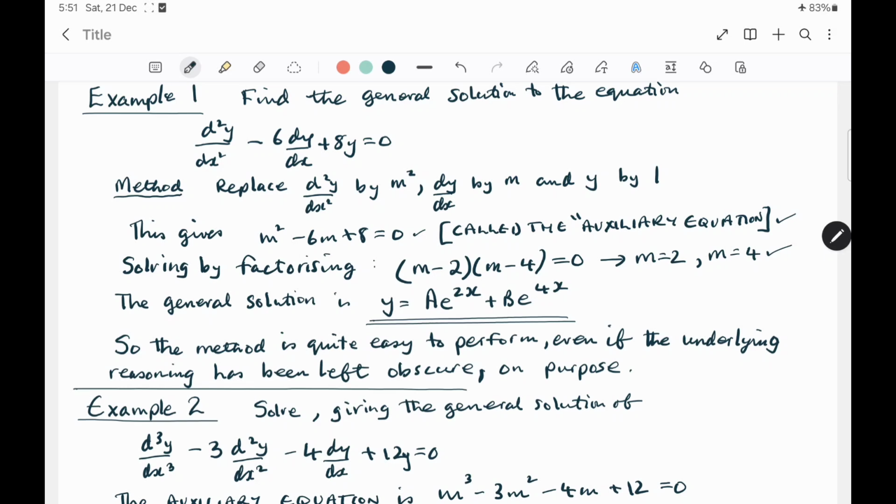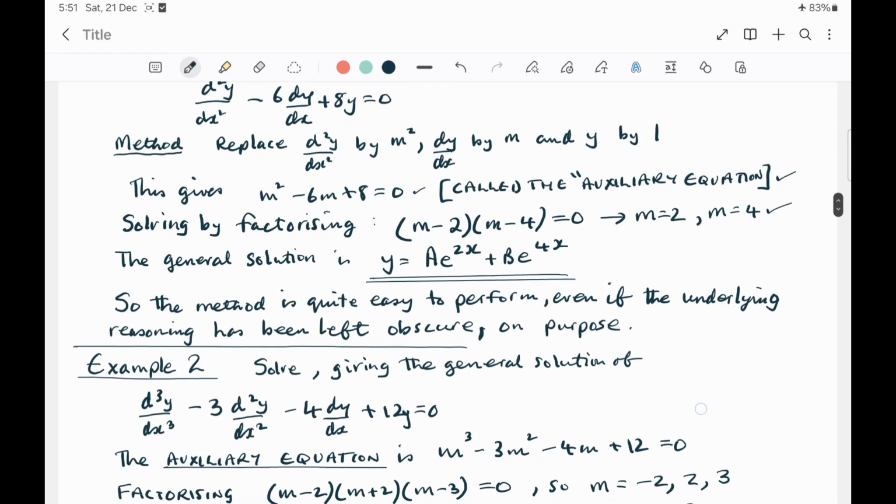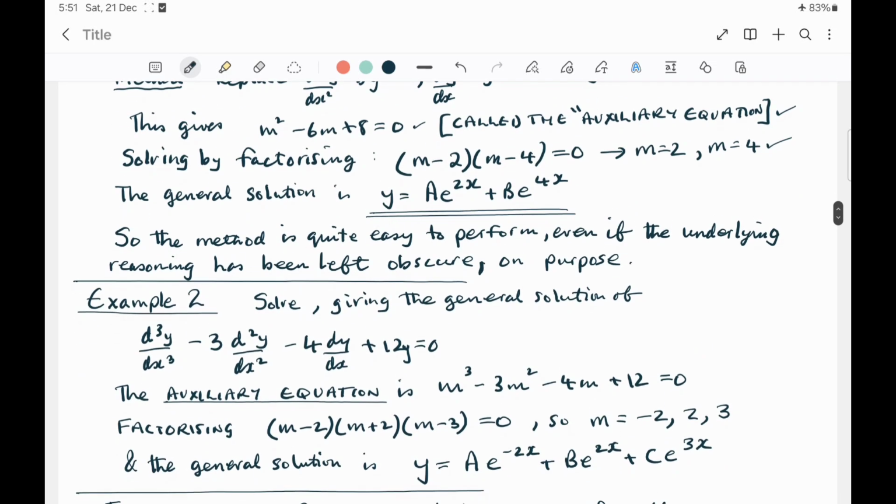Okay? So let's look at a second example here. This time it's a third order equation, d3y dx cubed minus 3 d2y dx squared minus 4 dy dx plus 12y equals 0. The method is exactly the same. So the auxiliary equation will become m cubed minus 3m squared minus 4m plus 12 equals 0.